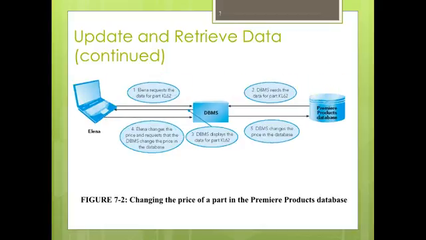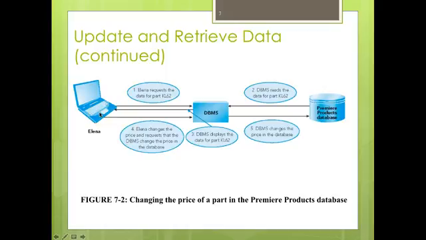Update process, what we're going to do is we are going to send information. So in this case, we're going to request information for this particular part. We send it to the DBMS, and the DBMS has to go through another process before it actually will respond to us. So what happens is the DBMS talks to the database to get the information for it, and then that information is sent back and replied to the user.